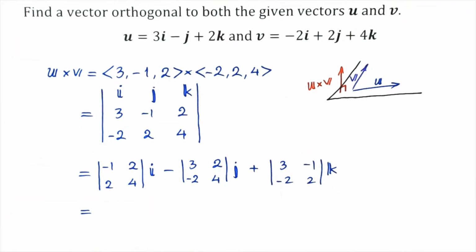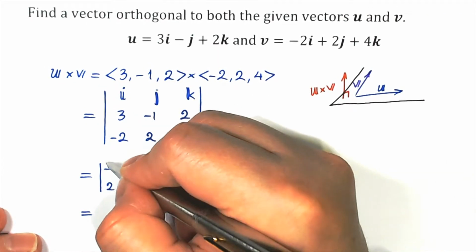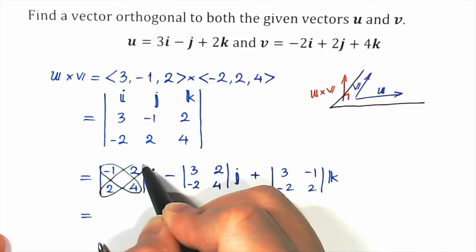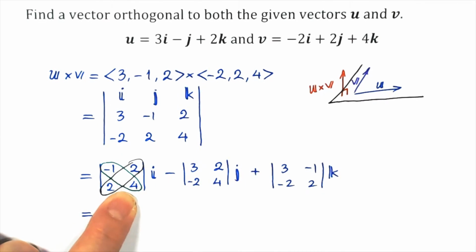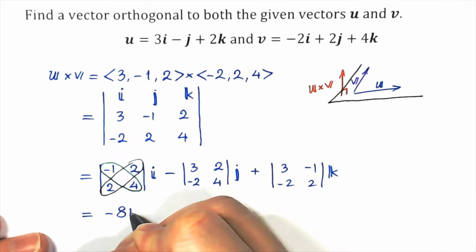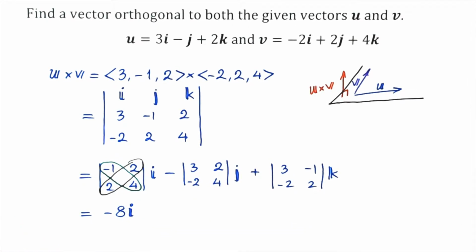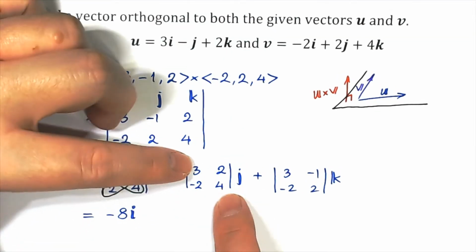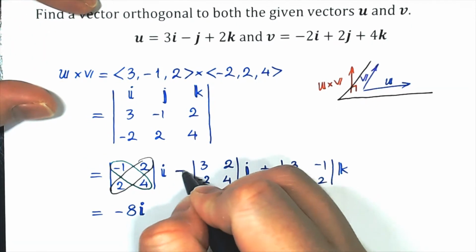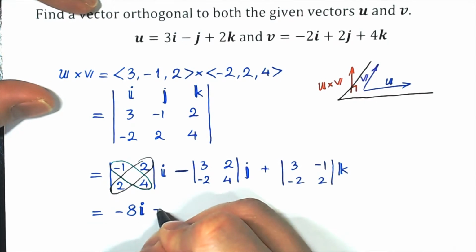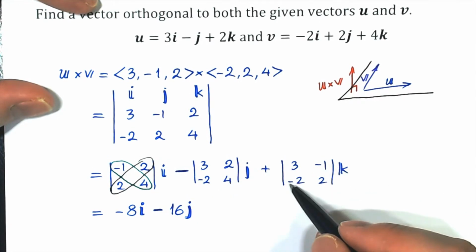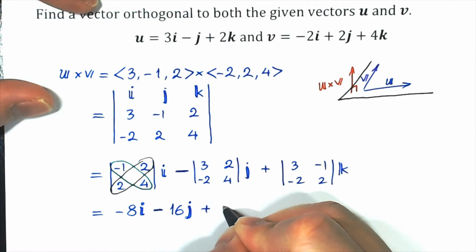That gives us once again 2x2 determinants. We take this product minus this product, so -4 minus 4, so -8 in the i direction. 3 and 4 is 12, minus -4 is plus 4, so 12 plus 4 is 16, but we have the opposite sign, so it's -16j, and then 6 minus 2 is going to be 4k.